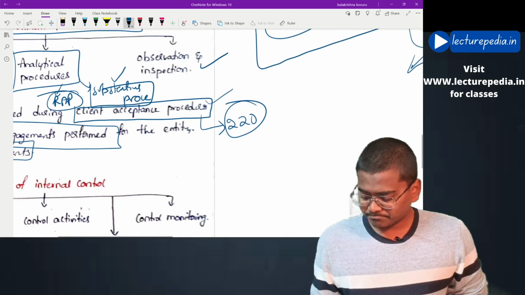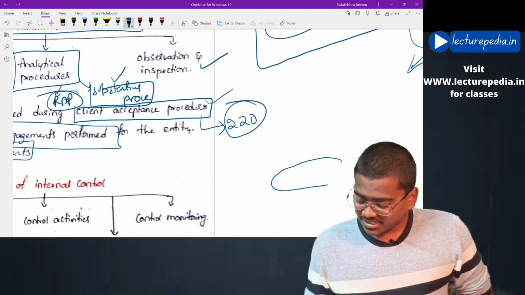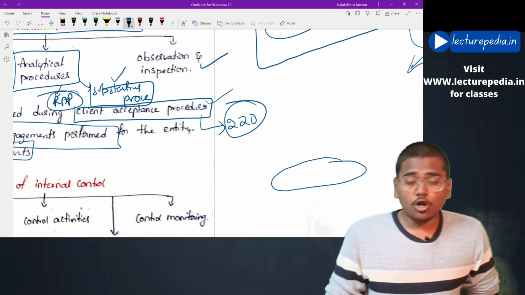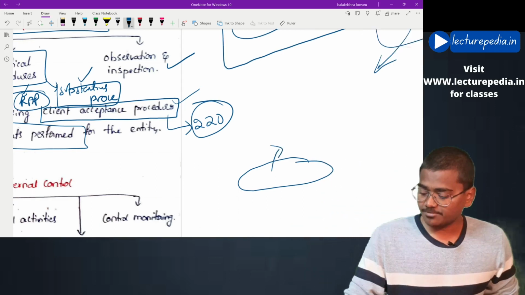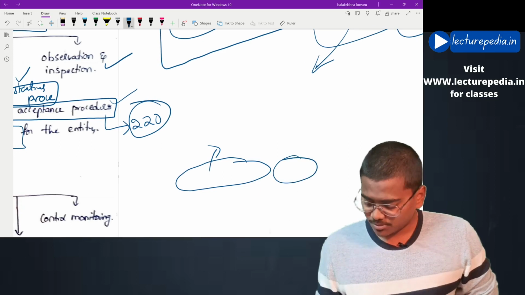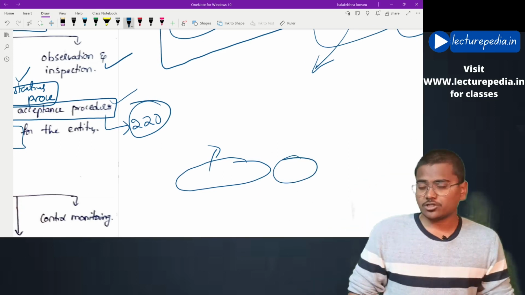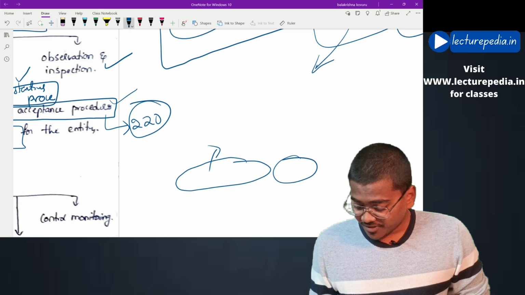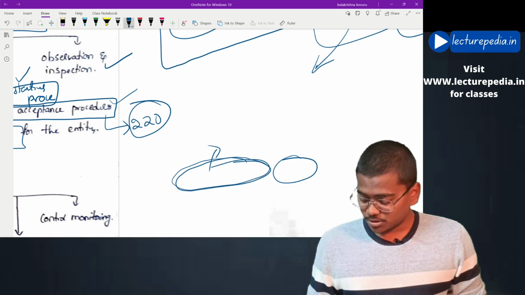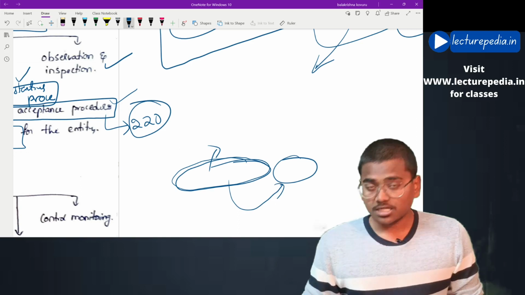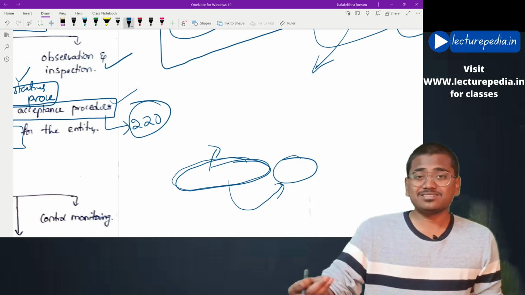That means in the previous years also the same auditor has performed the statutory audit for the entity, and in the current year also the same auditor is performing the statutory audit. Now information that has been obtained in the previous years should also be used by the auditor during the current year for performing these risk assessment procedures.